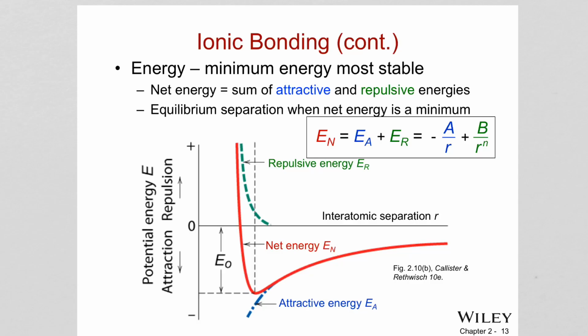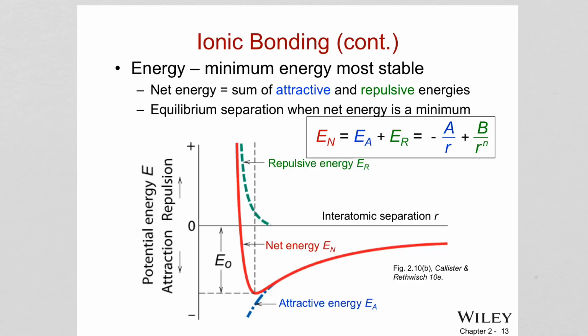So to understand atomic bonding, we will study how two isolated atoms interact when they are brought close together from a finite separation. Here we are seeing the potential energy versus the separation distance between atoms curve.